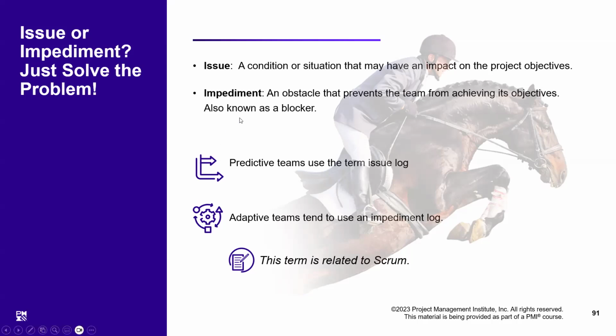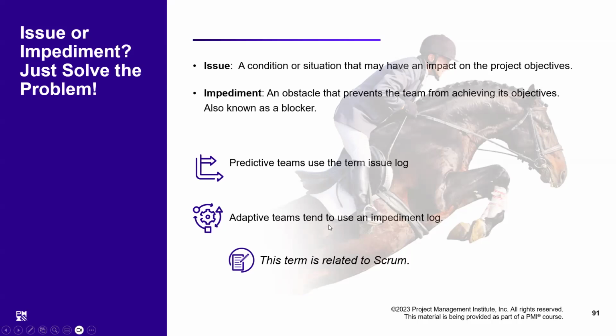Impediments are like blockers, hurdles, or things like that. An obstacle that prevents a team from achieving its objective is also known as a blocker. In a predictive project, the predictive teams use the term issue log, where all the issues are recorded. In Agile, we have a different name for that, just like risk register.